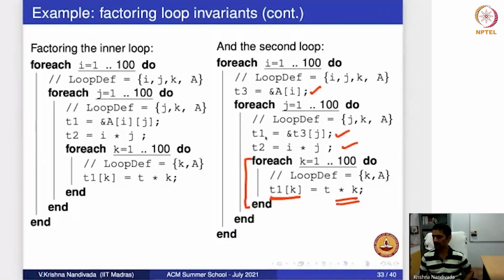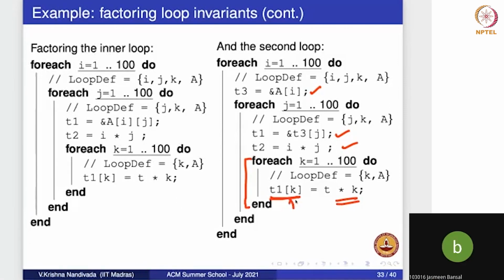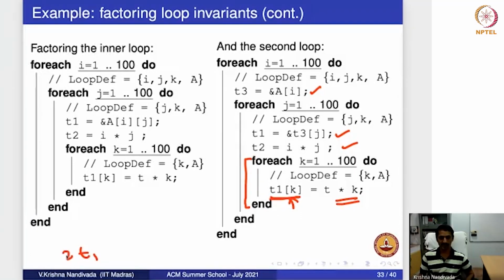Address of T1 of 1. In the next iteration, what will I write to? T1 of 2. Very good. Address of T1 of 2, right? At this address I'll write.